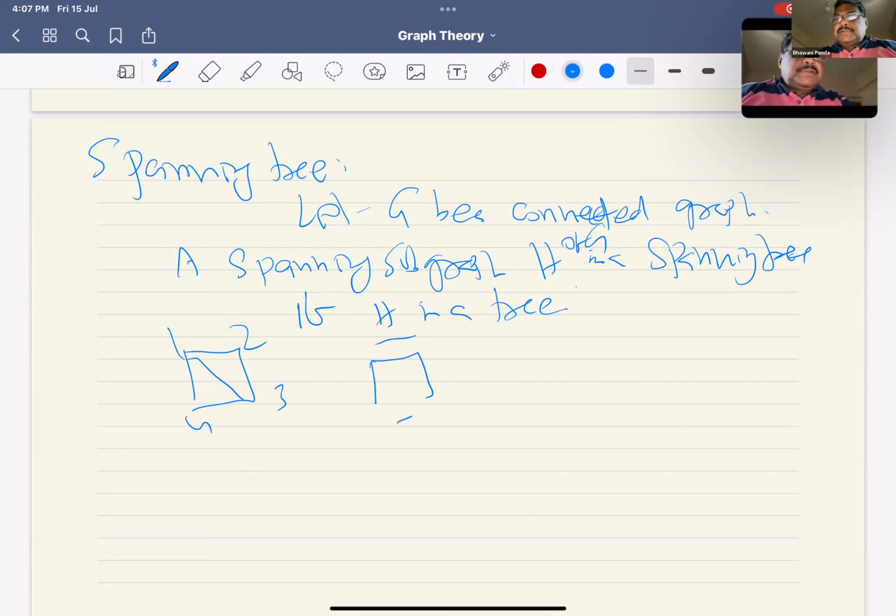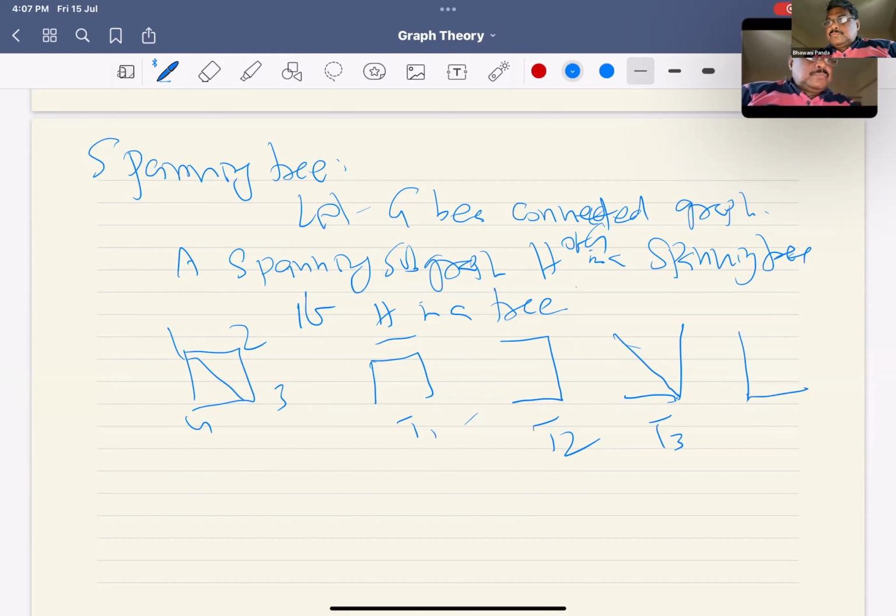This is one, T1, then this is T2, this is T3, this is T4, like this. So you have got several spanning trees.